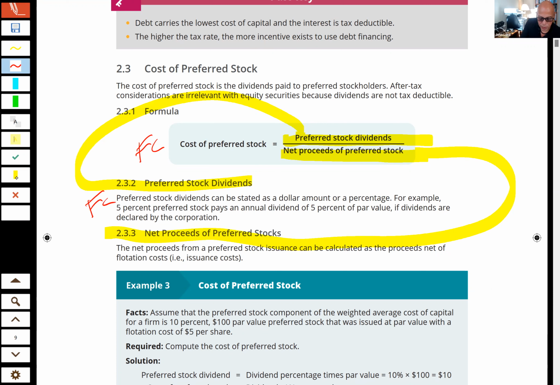And preferred stock dividends, as you probably know, guys, can be stated as a dollar amount or a percentage. For example, 5% preferred stock pays an annual dividend of 5% of par value if dividends are declared by the corporation. Okay, so you can go ahead and flashcard that.